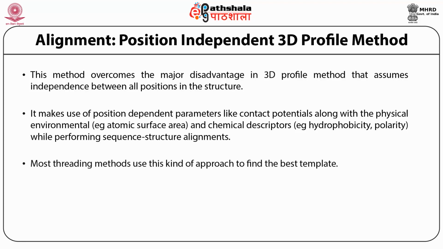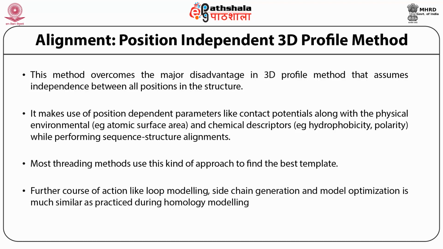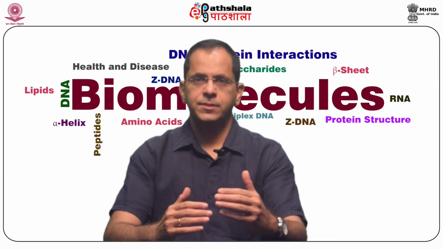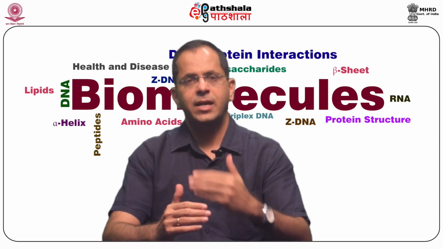Most threading methods use this kind of approach to find the best template. Further course of action like loop modeling, sidechain generation, and model optimization is much similar as explained in homology modeling.